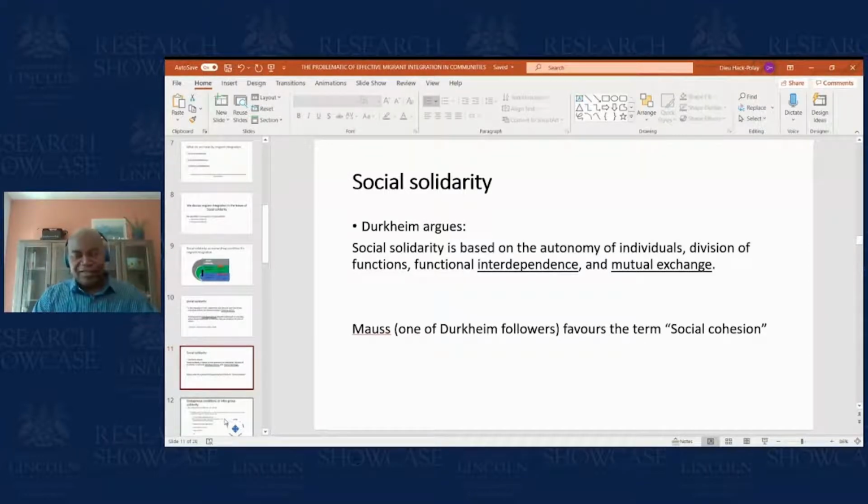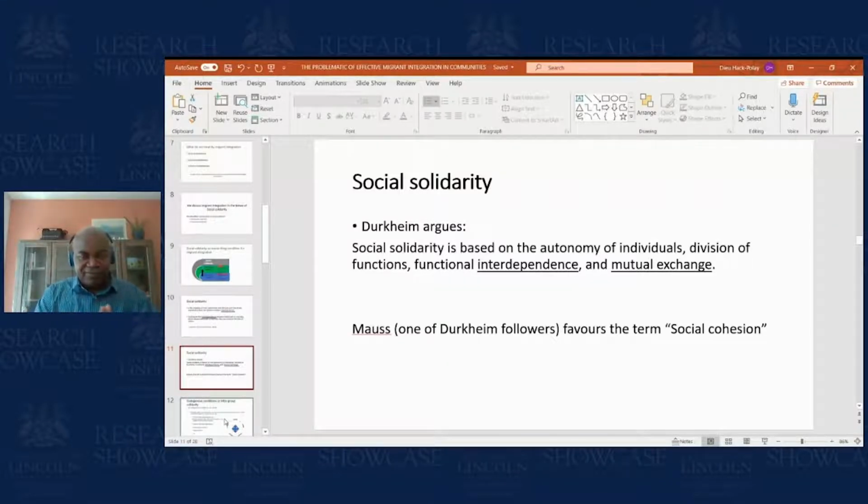Again, the same term as our previous authors is here, and mutual exchange. So without that mutuality, integration cannot take place, because then there's no synchrony, there's no understanding, and understanding comes from mutual exchange and interdependence.